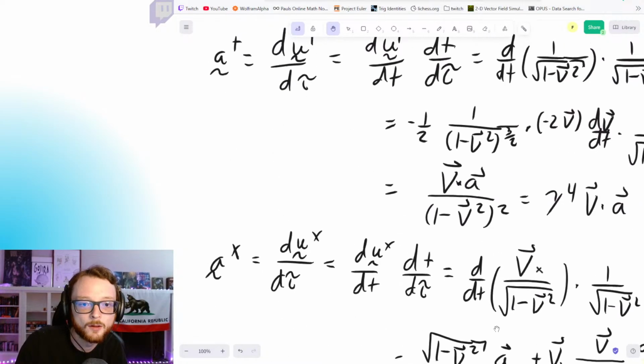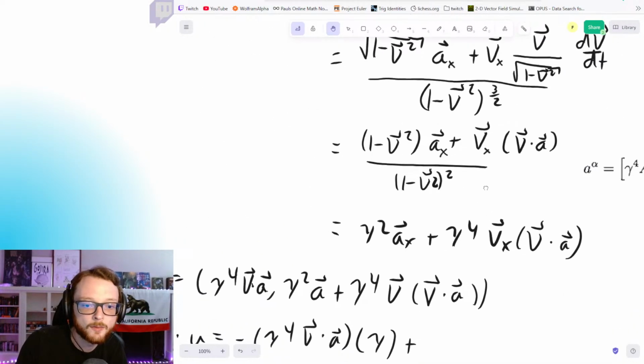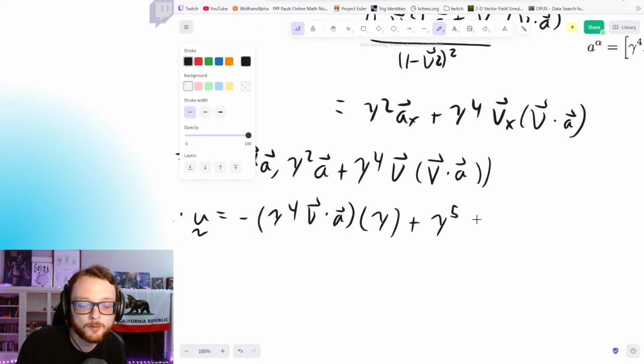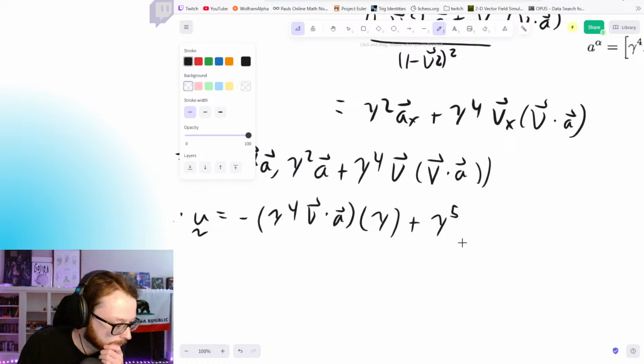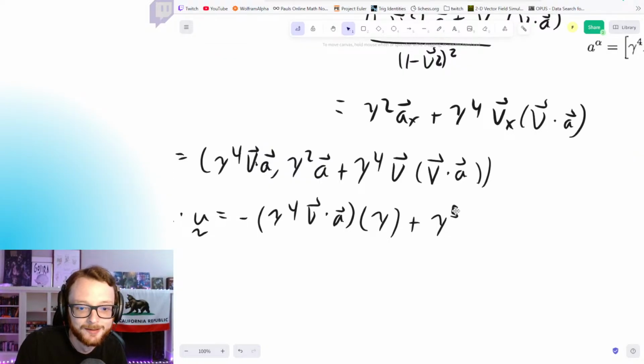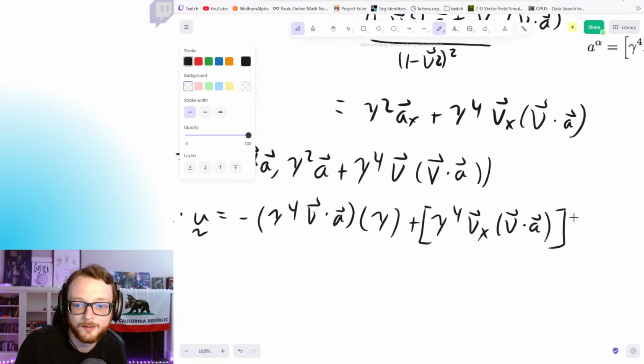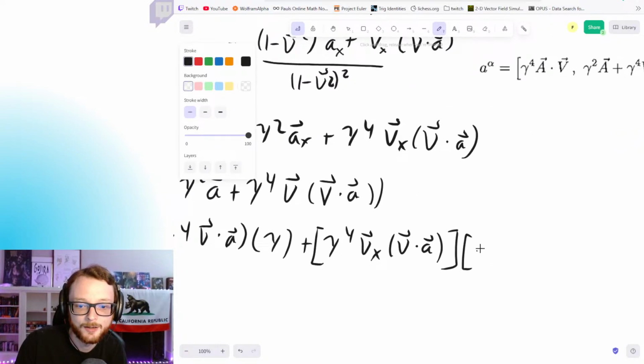I think if we pull the gammas out front, we get a gamma to the fifth. Oh, wait. Maybe I shouldn't try to be fancy. No, let's just do it the old-fashioned way. I think we're going to be able to turn this into a dot product, but I don't want to jump the gun.